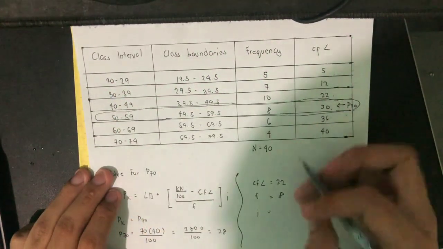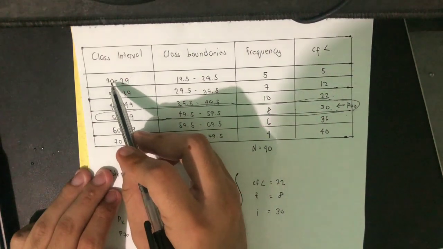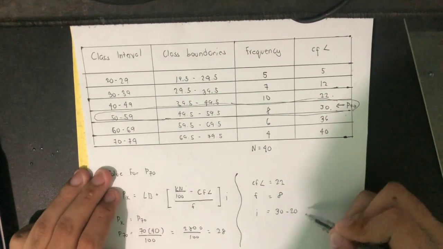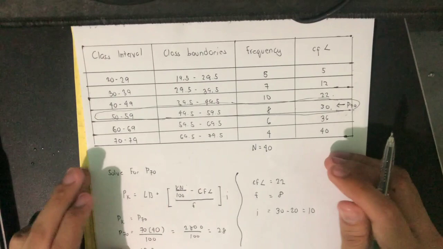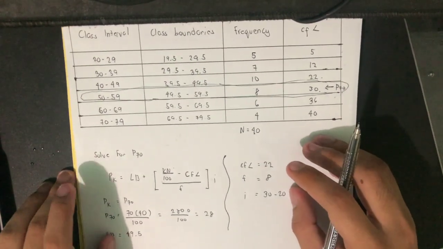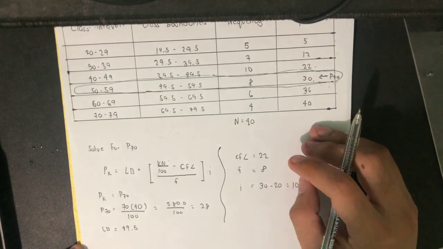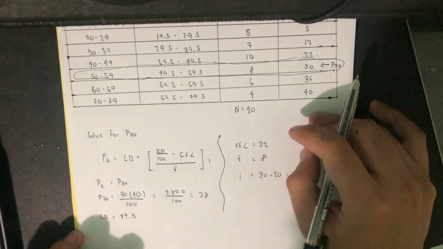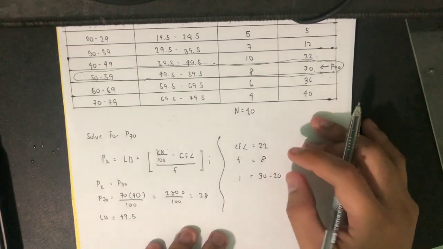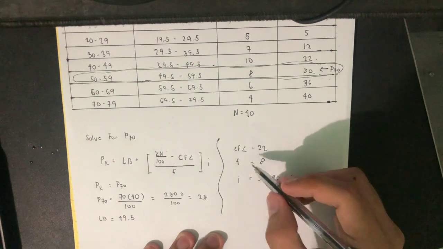So 30 minus 20 is equal to 10. So now we can solve for P70, because all the values are now given.